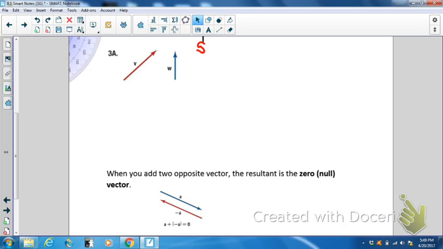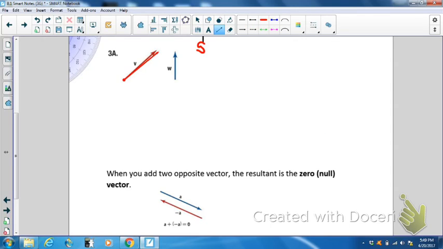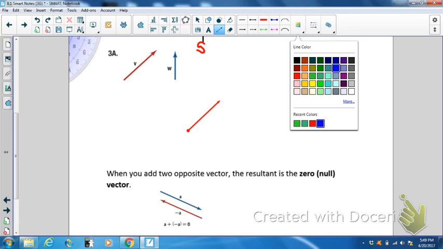For the next little guy, we're going to take these vectors and I'm going to translate them, and I'm actually going to do a parallelogram this time. So I'm going to move V there, and I'm going to move W just so we can see it a little bit better.